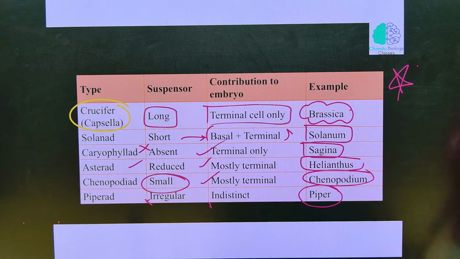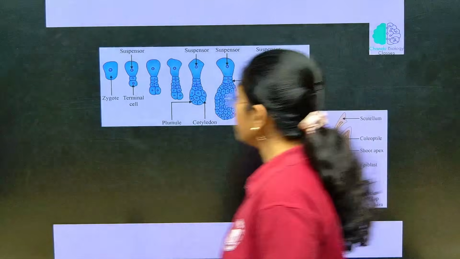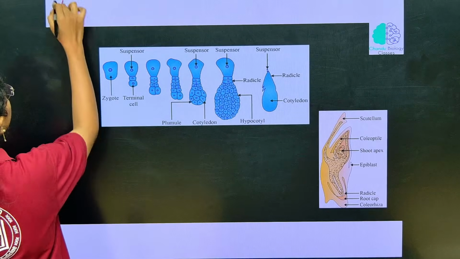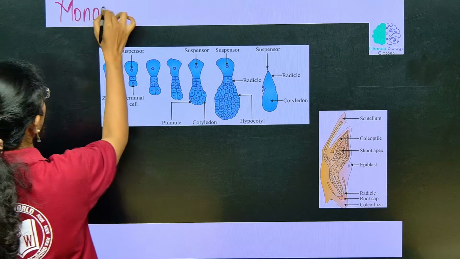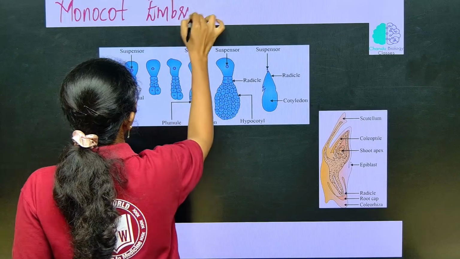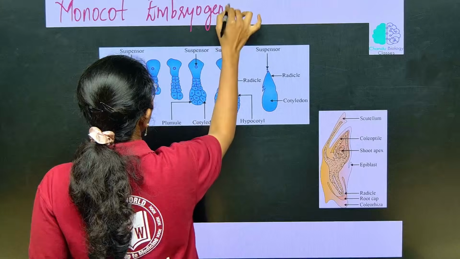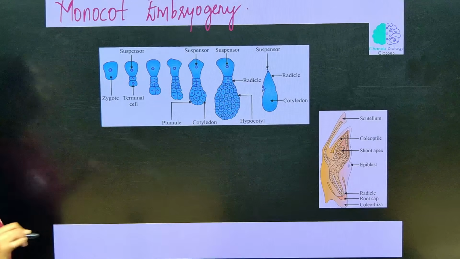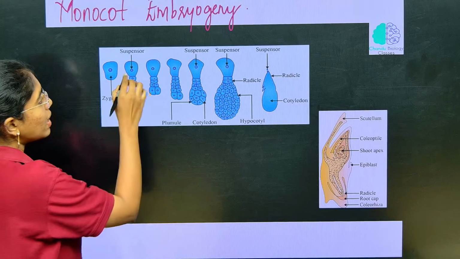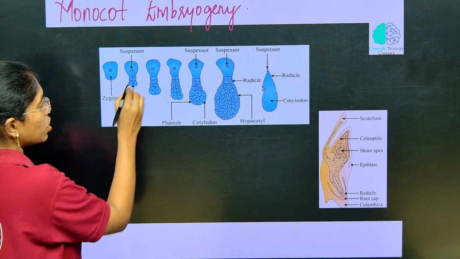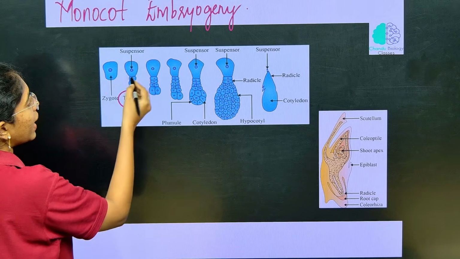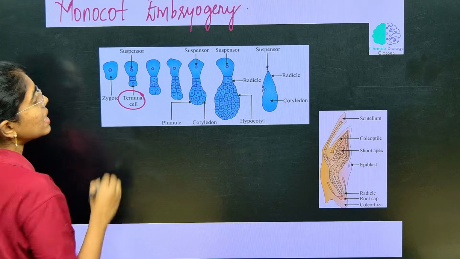Fine. And now you see monocot embryogeny. In monocot embryogeny, the zygote first divides into two cells, the terminal cell and the basal cell, and then the basal cell again undergoes division, forming the middle cell and the suspensor.